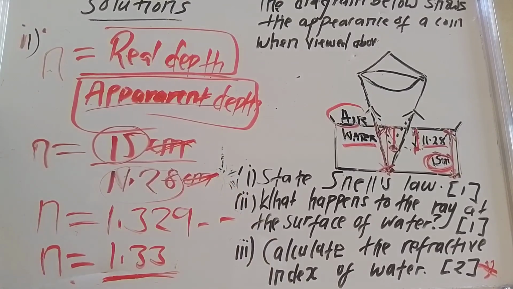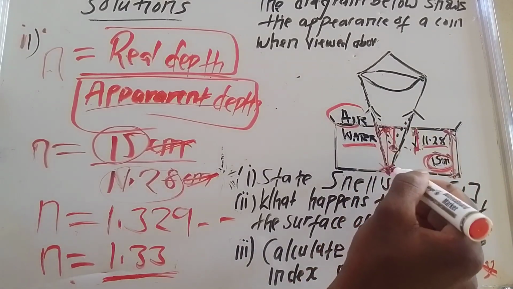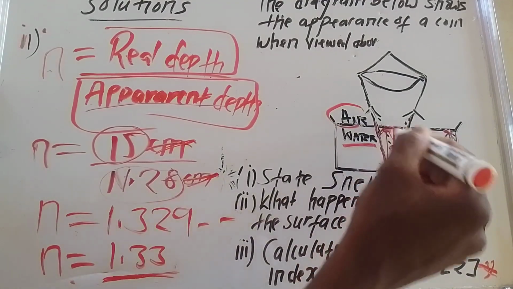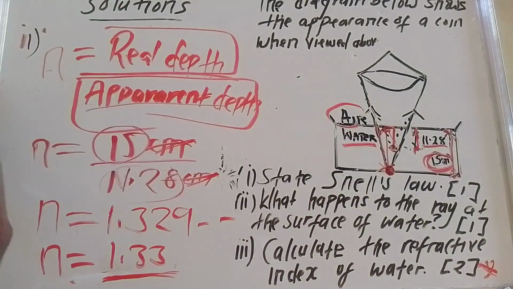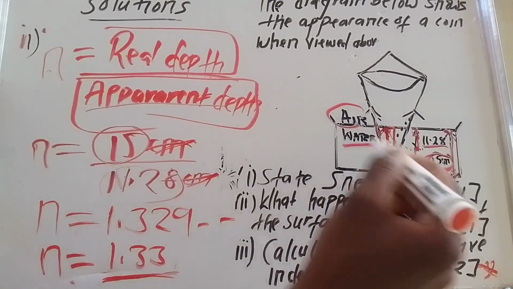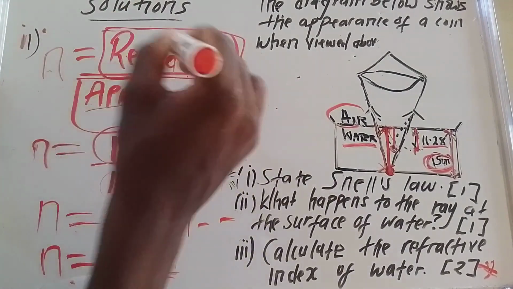Make sure you understand and master these concepts. It is very important for you to know this topic. So in summary, the depth from the surface of the water up to the point where the actual coin is, is called the real depth, and it is the one which is always on top.